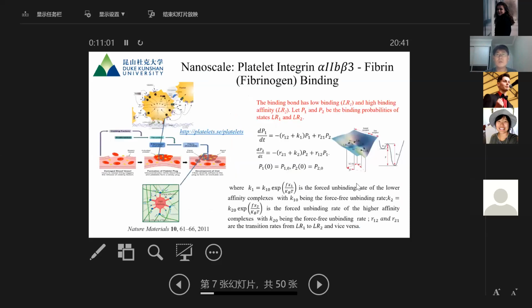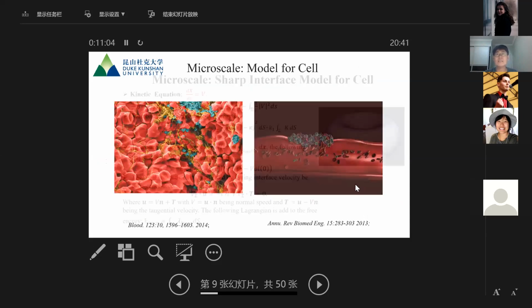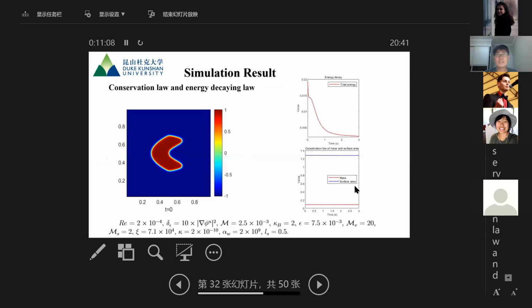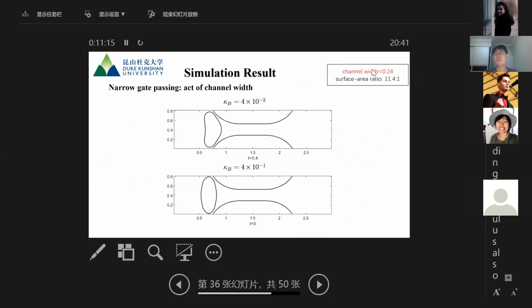So for example, in my cell model, I said that the narrow region has a lower bound of about 2.4 micrometers. So normally my red blood cell has a very large deformability, so it can pass through a very, very narrow blood vessel. It can undergo large deformation that lets it pass through.